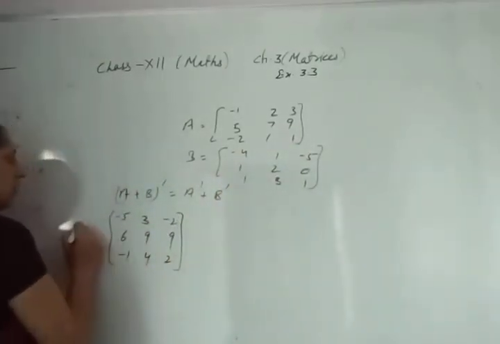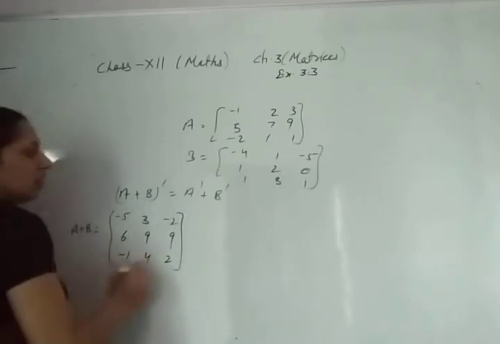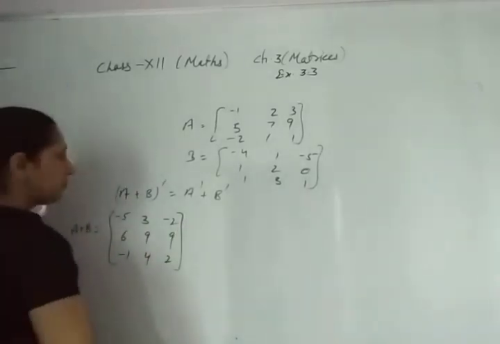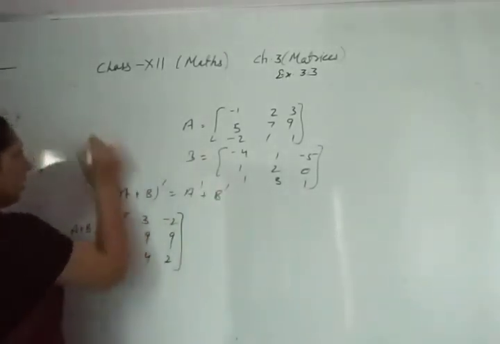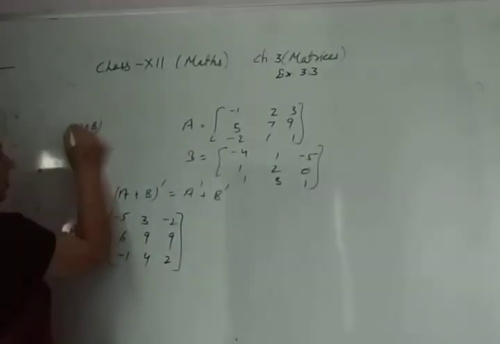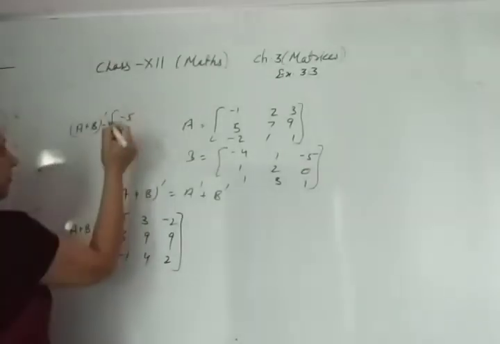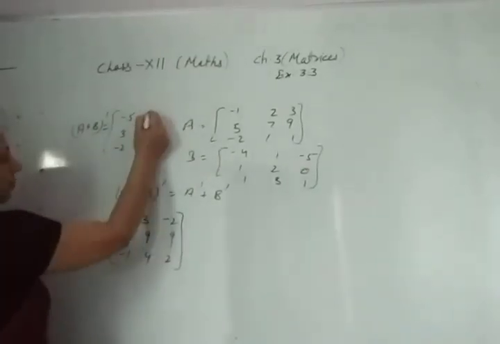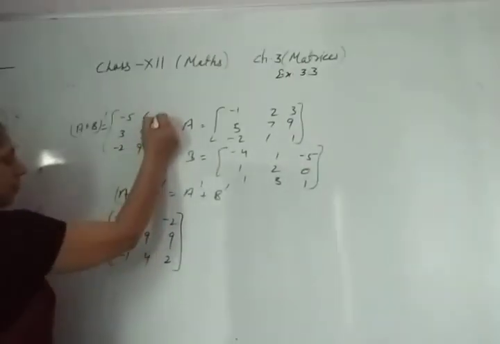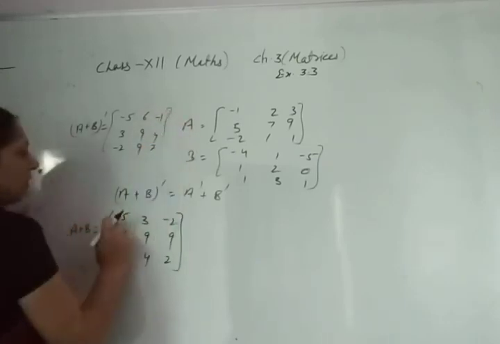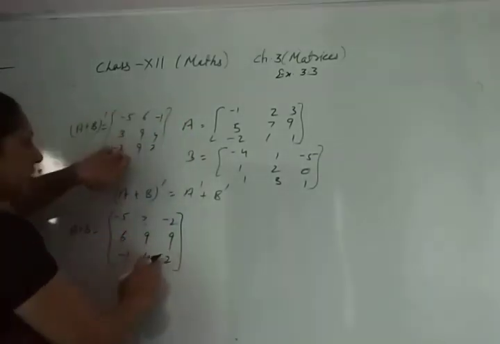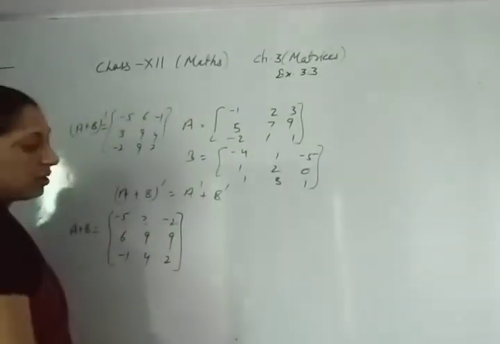So this is our A plus B. Now its transpose. A plus B transpose is equal to rows changed into columns: -5, 3, -2, 6, 9, 9, -1, 4, 2. First row, first column, second row, second column, third row, third column.